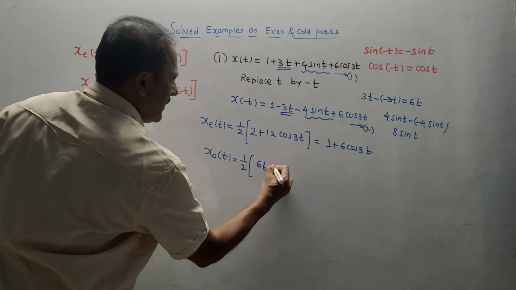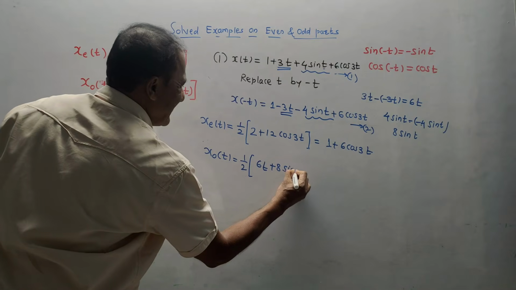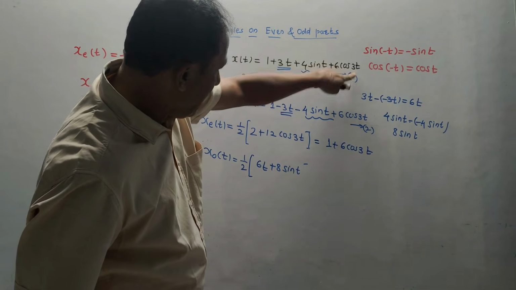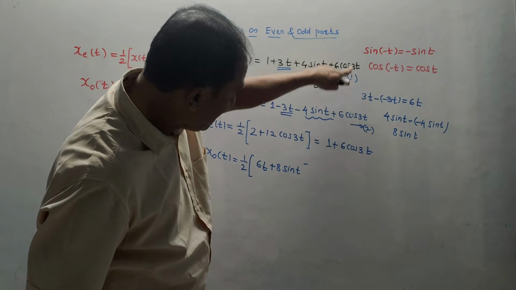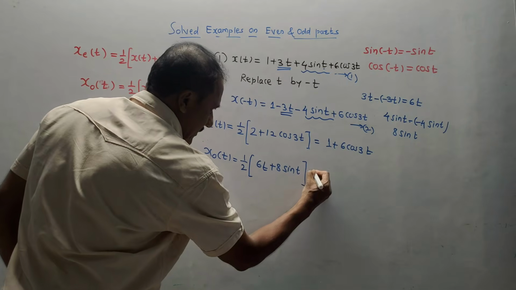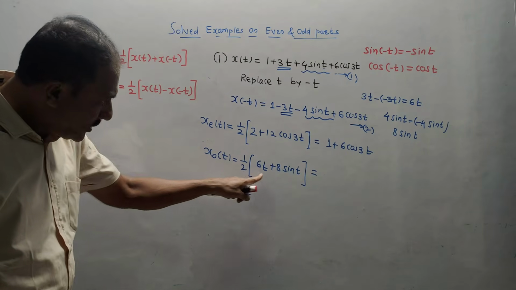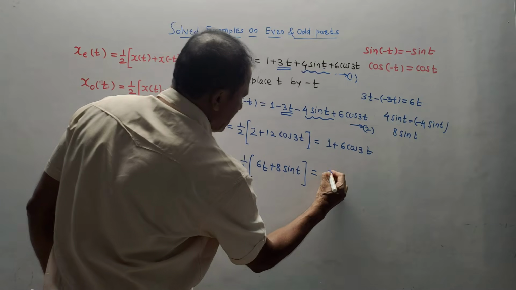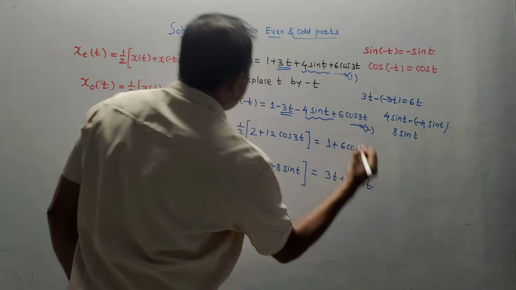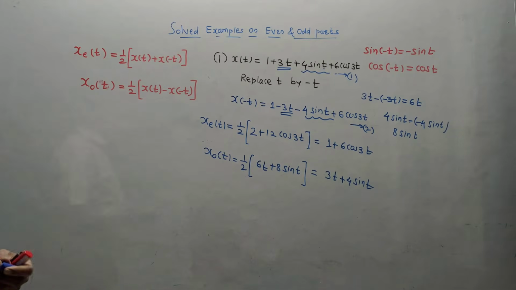So I will write it over here, plus 8 sin t. Last term, 6 cos 3t. This is again 6 cos 3t. We are subtracting it, so it becomes 0, so I am not writing it. Now simple, it is 1/2, so divide each term by 2. So it becomes 3t plus 4 sin t. This is the odd part of the given equation.